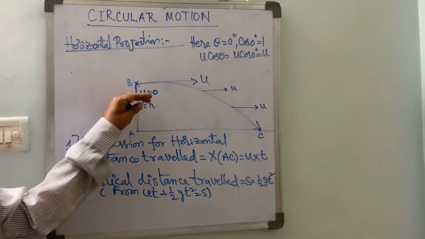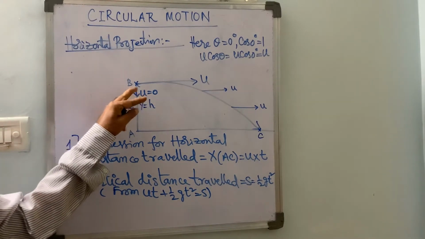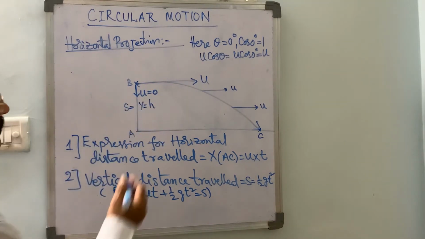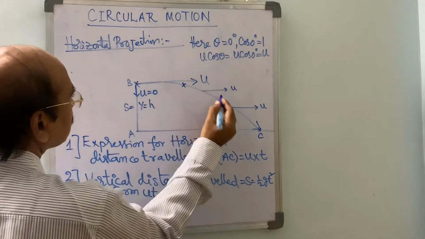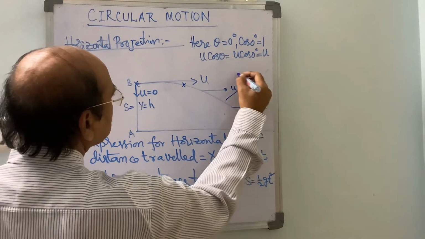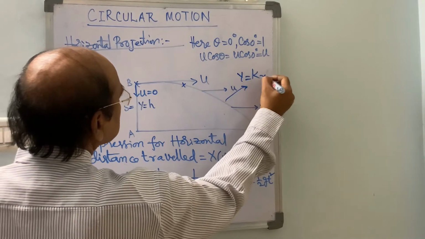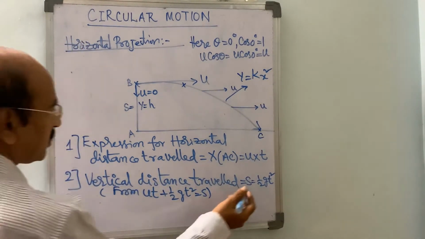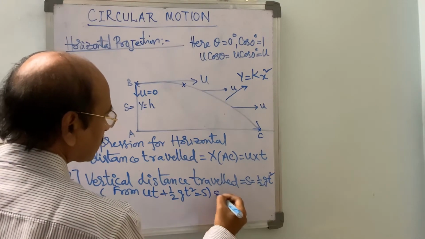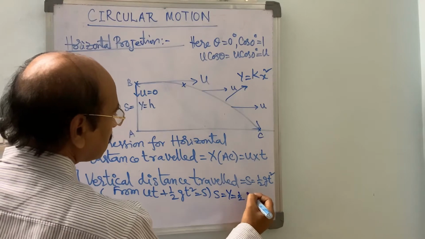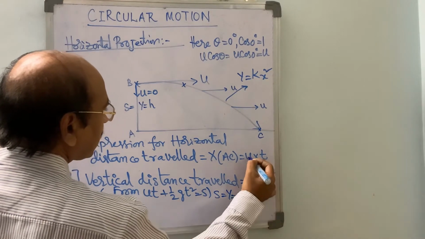When the body is projected in the horizontal direction, then the path of the projectile is in the form of y equal to k x square. Therefore, path of the projectile is parabola. From this expression, s equal to y equal to half g into t square, where t is x by u.